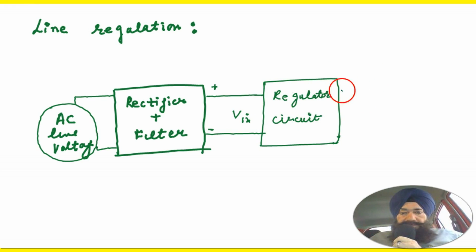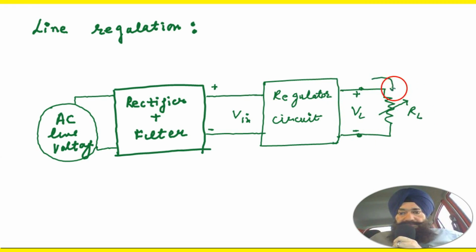The input of the regulator is Vin, and it is giving the regulated voltage VL across the load. This is a variable load, and there is a load current.